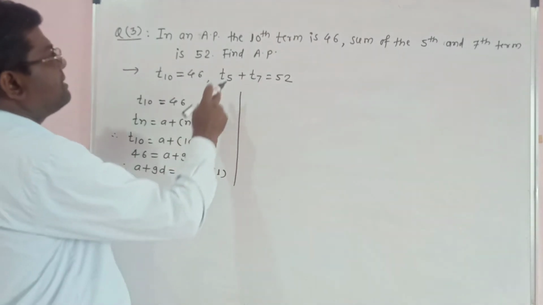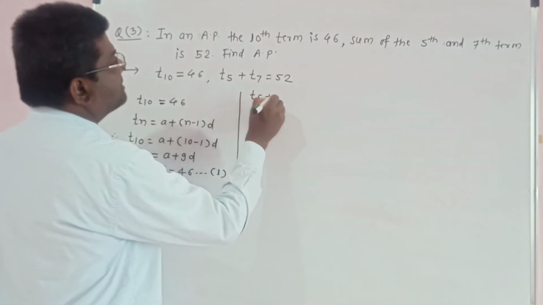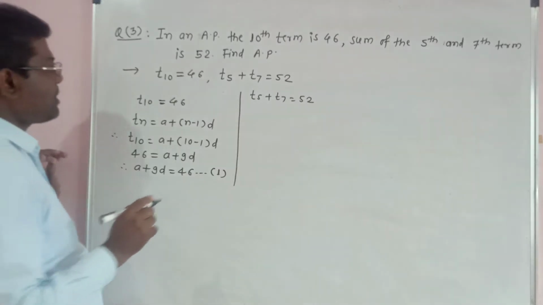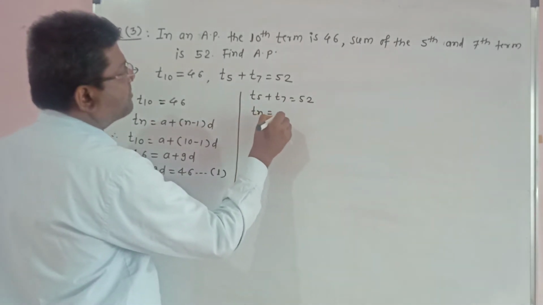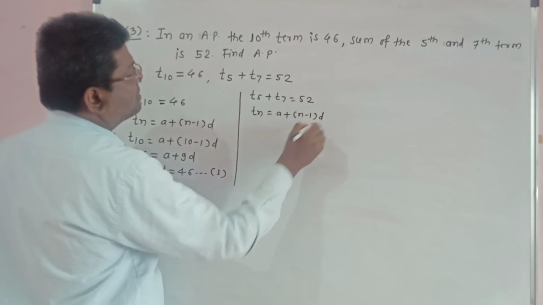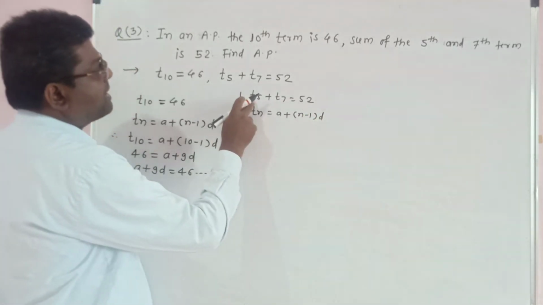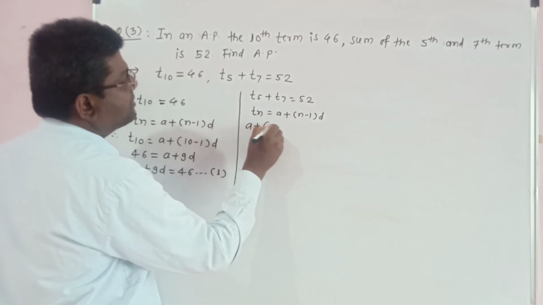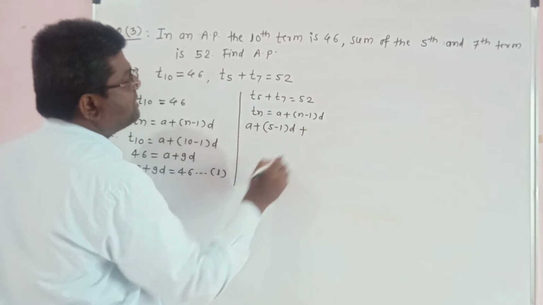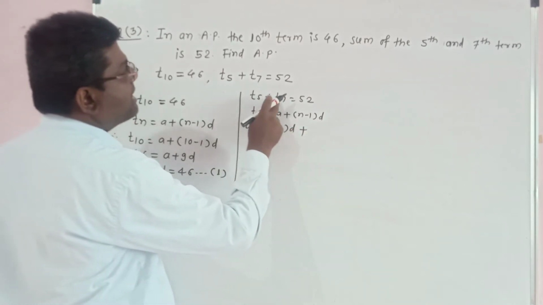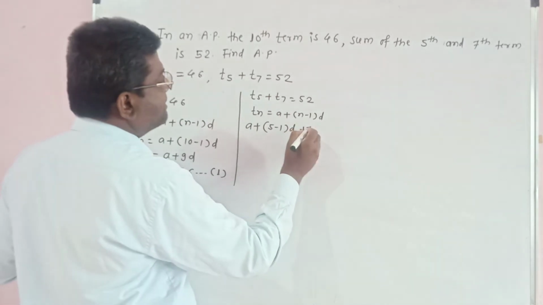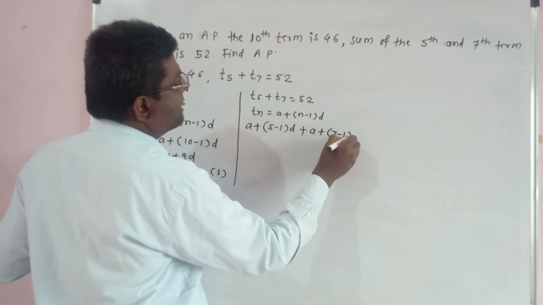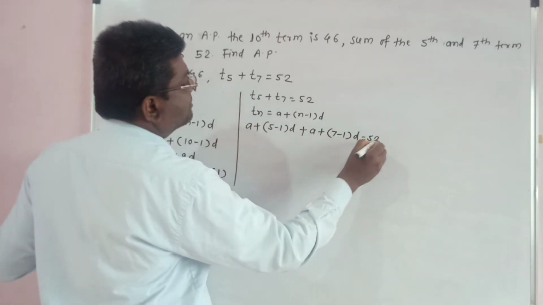Now we are given T5 plus T7 is equal to 52. Here we also use the formula Tn is equal to a plus (n minus 1) into d. For T5 we use n is equal to 5, a plus (5 minus 1) into d, plus for T7 we use n is equal to 7, a plus (7 minus 1) into d is equal to 52.